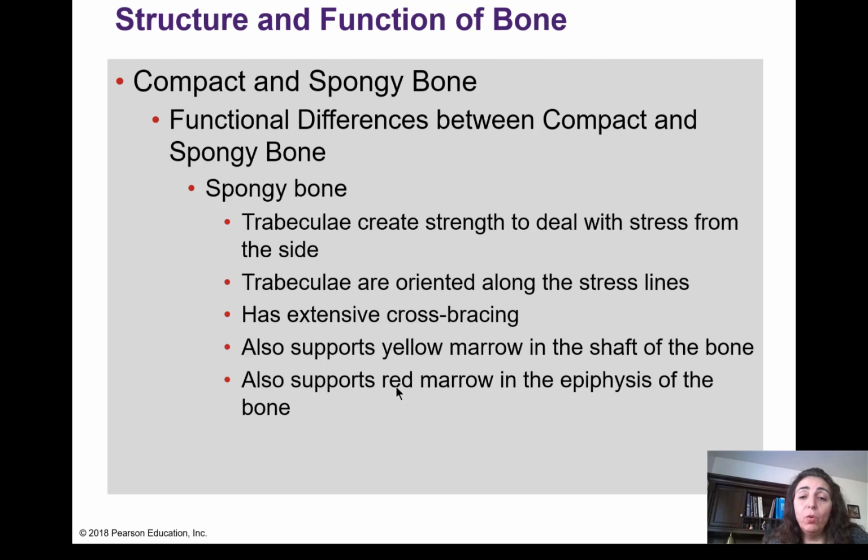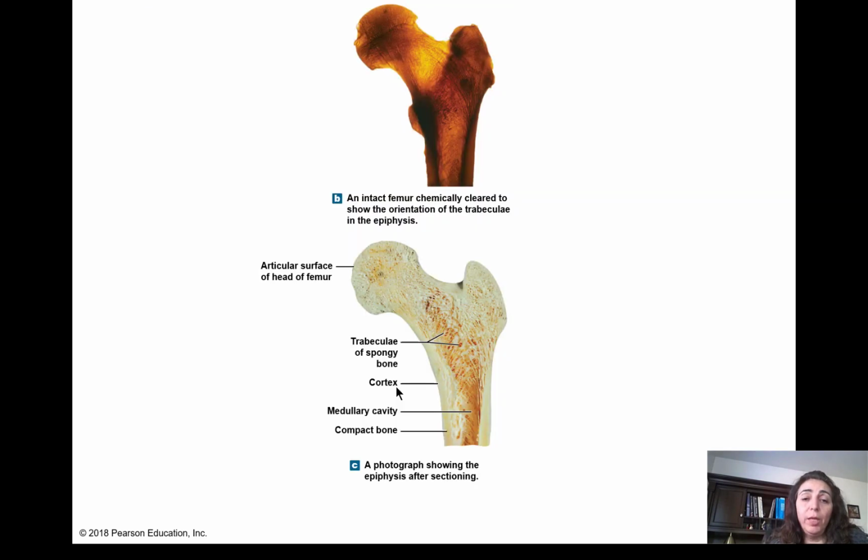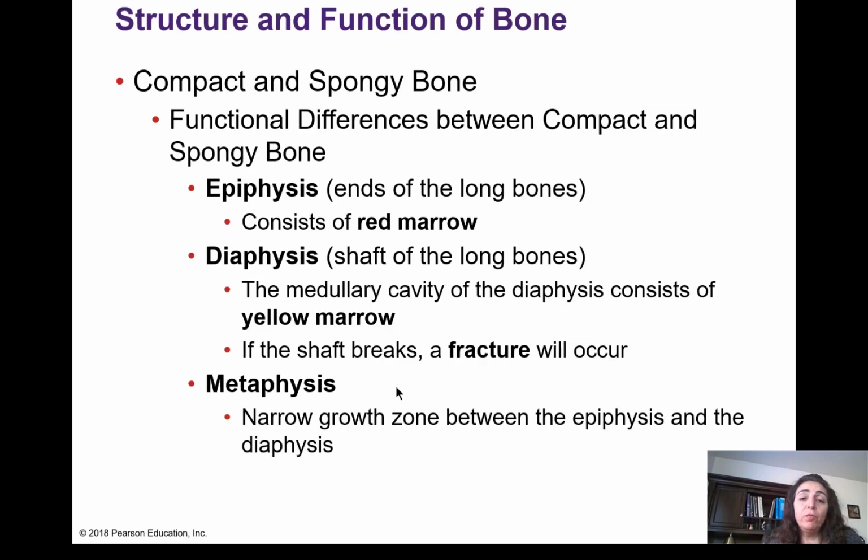I left them here. If you are interested, you can go and read them. This picture also shows the alignment of the collagen fibers, which is regarding the functional differences between compact bone and spongy bone. You can also get more from your book if you are interested.